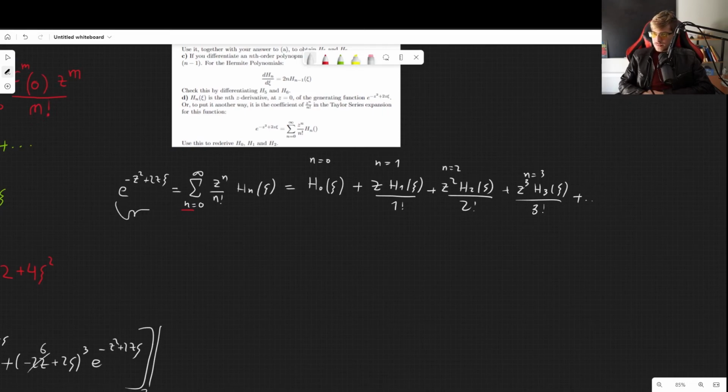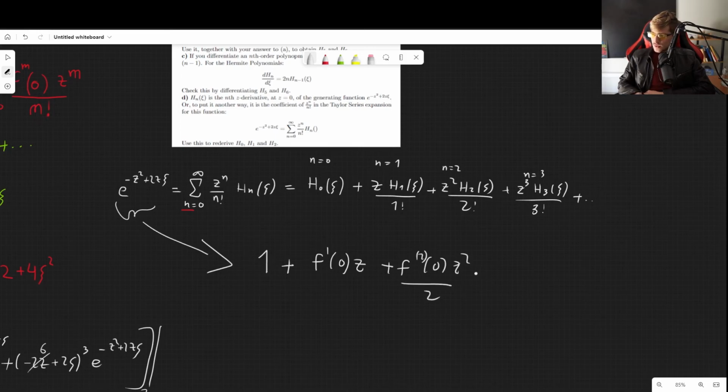So this exponential, I'm going to write as 1 plus f prime, the first derivative evaluated at 0, times z, plus f derived twice evaluated at 0, z squared divided by 2, plus f derived 3 times evaluated at 0, z cubed divided by 6, and so on.